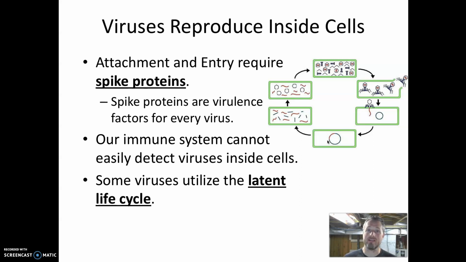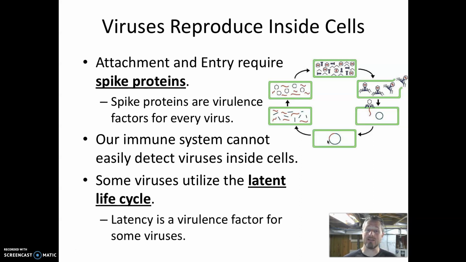And once again, our immune cells cannot find them and destroy them. So this is a trick that the virus has up its sleeve that makes it more virulent. So I would say that the latent life cycle, latency, is a virulence factor for some viruses, any virus that can perform that latent life cycle.